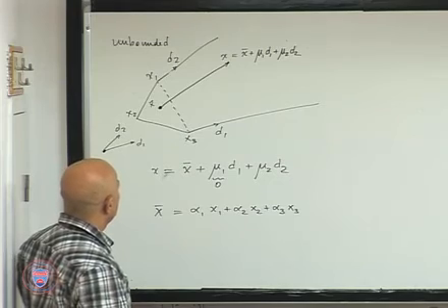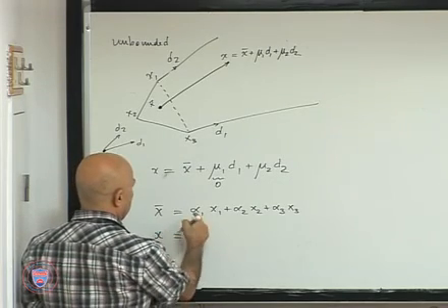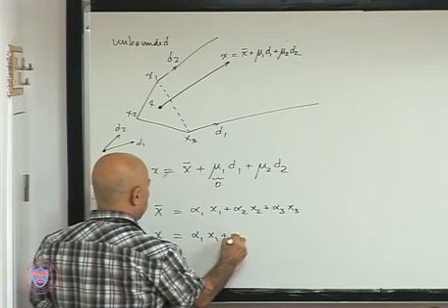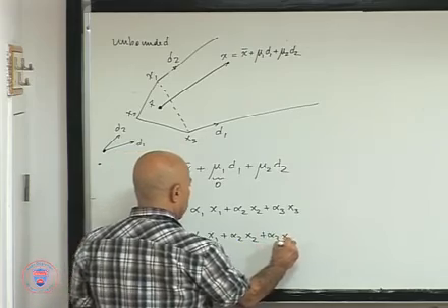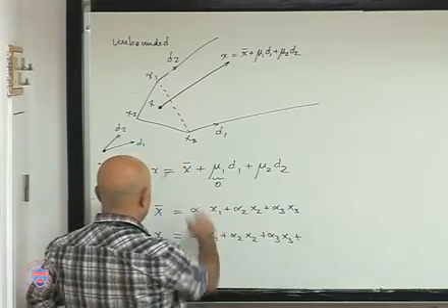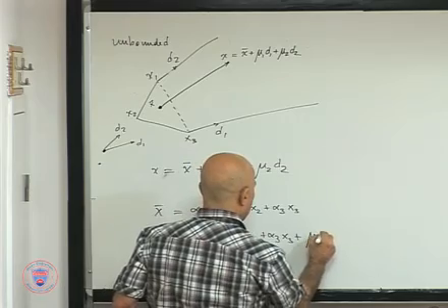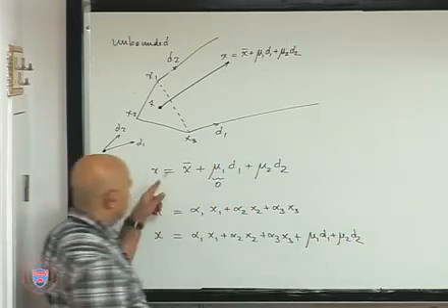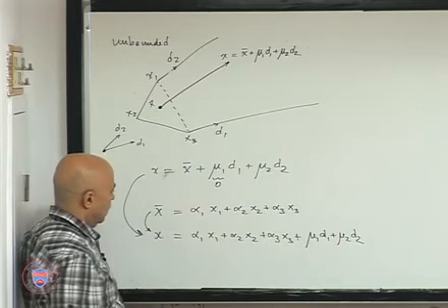Then, of course, X equals X bar, which is alpha 1 x1 plus alpha 2 x2 plus alpha 3 x3, plus mu1 d1 plus mu2 d2. I'm using this here, okay, and that.